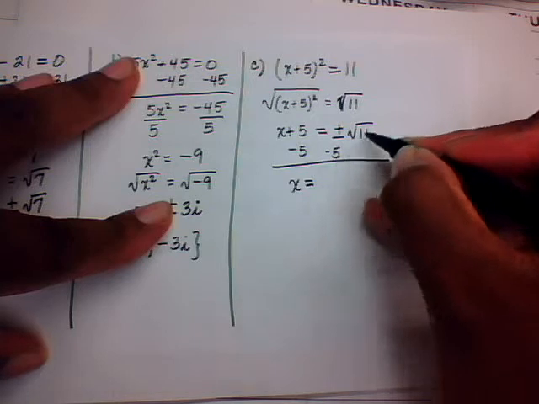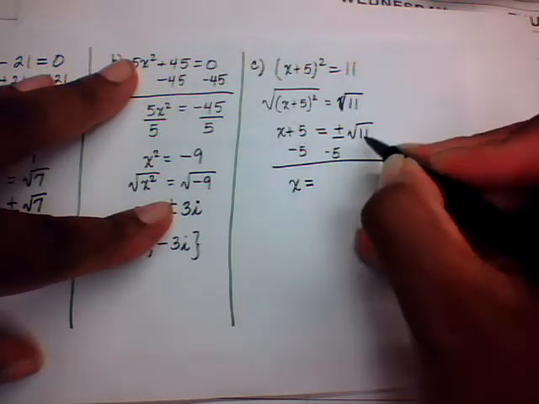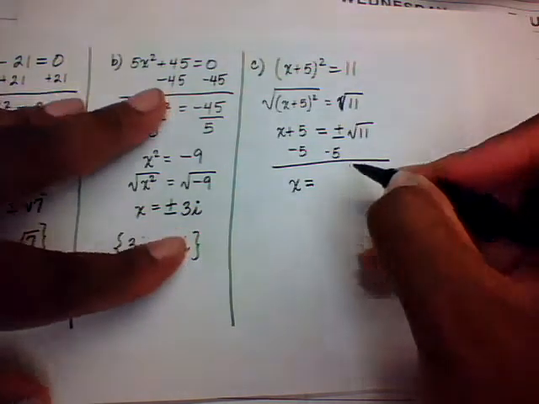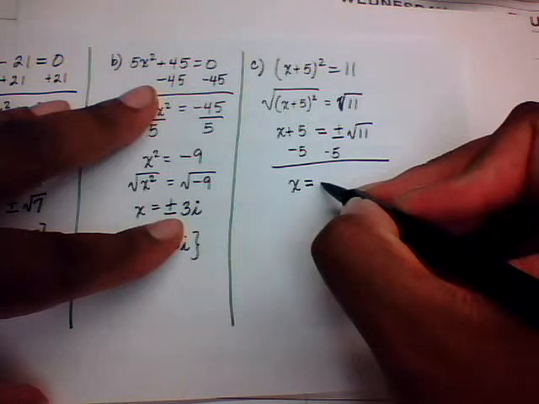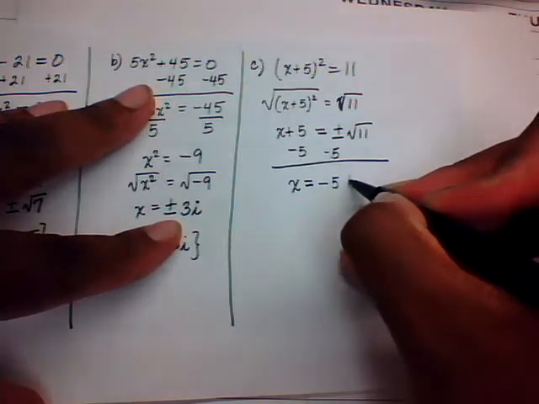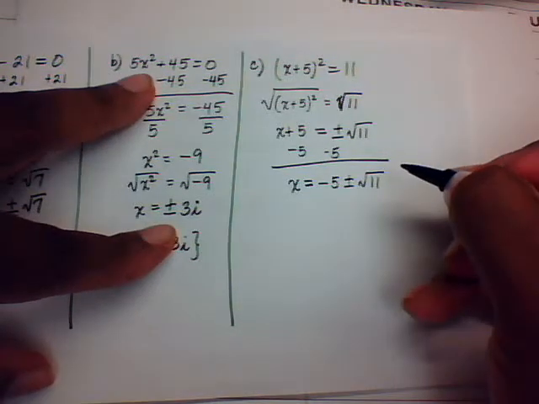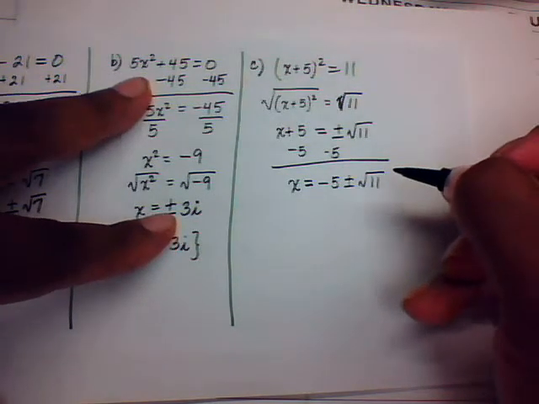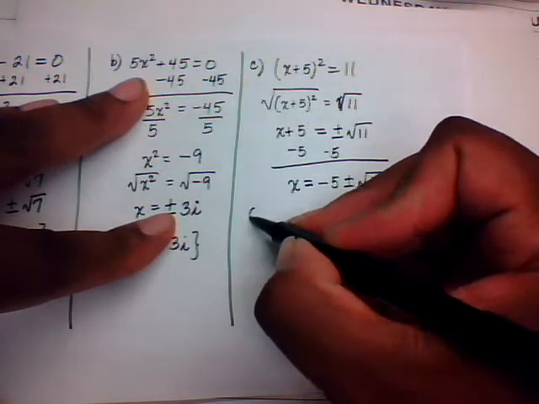Now, these are two totally different terms. The negative 5 and the square root of 11 are two totally different terms. We can't combine those. So the only way we can simplify this is to simply rewrite this as negative 5 plus or minus the square root of 11. And what that means is this.